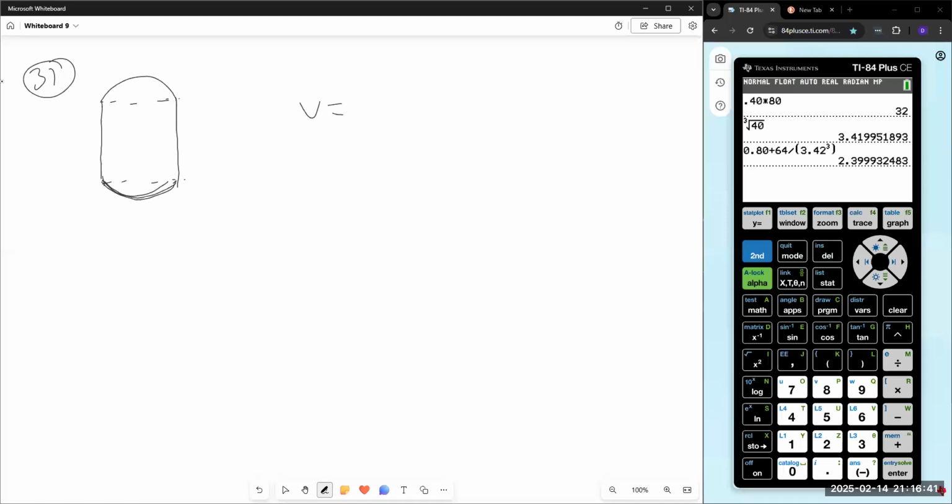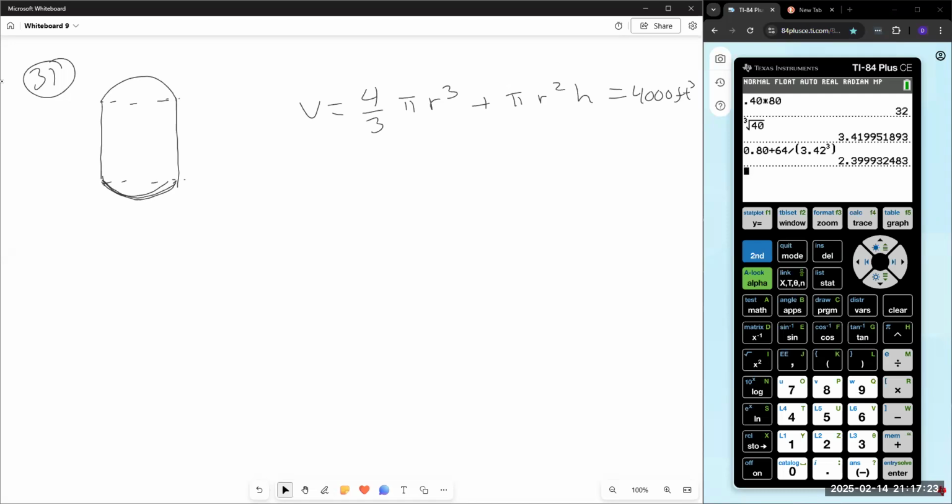The volume of the sphere made by the two hemispheres is 4/3 pi r cubed, and the volume of the right circular cylinder portion of the tank is pi r squared h, and the problem tells us that the tank has a volume of 4,000 cubic feet. So let's go ahead and solve for h.